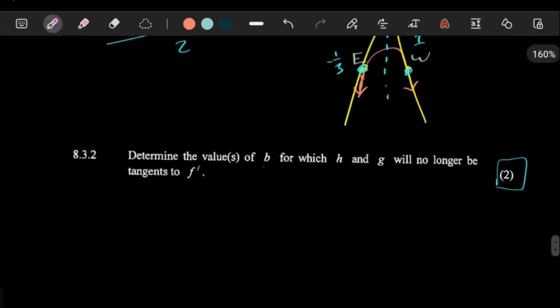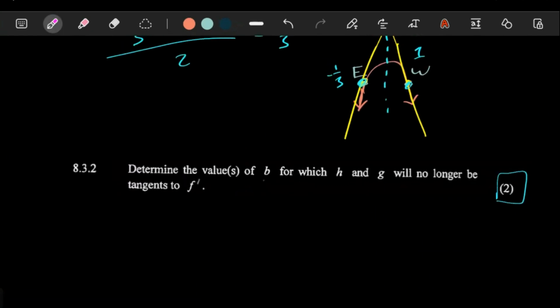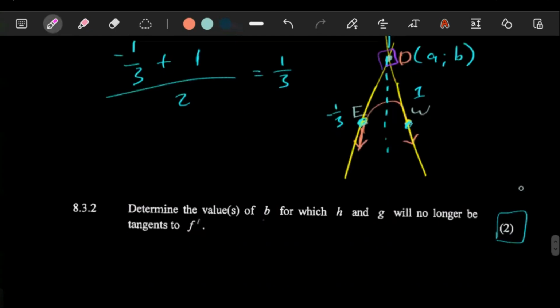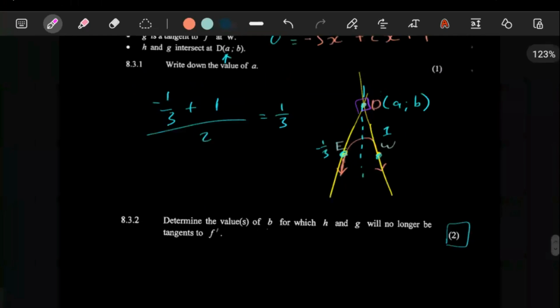I'm doing this all on the fly, so I'd much rather upload the entire paper, figure this out properly and edit in a separate video. For now, let me carry on with the rest of the paper.